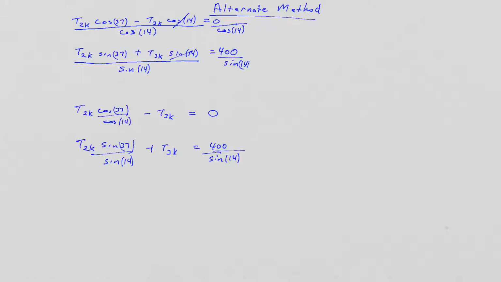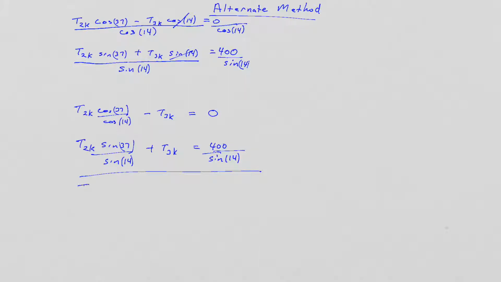Now what we're going to do is add the left and the right sides of these equations vertically, this way and this way. So we're going to take this part here and add it to this part here, and put the result here, and that will equal this added to this on the right-hand side.